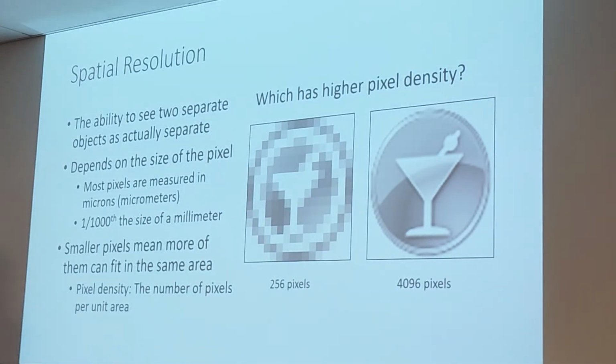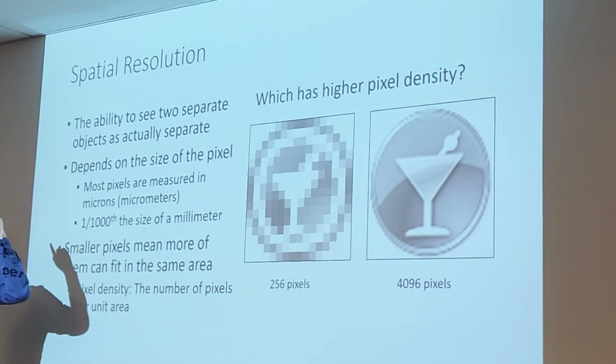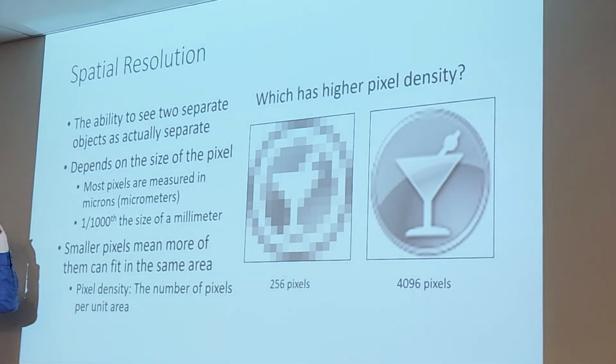All right. So remember, spatial resolution, the ability to make out two objects as different rather than the same thing. Spatial resolution depends on the size of your pixels, right? We talked about that. It depends on field of view and matrix size, because that gives you the size of your pixel. How small are pixels?